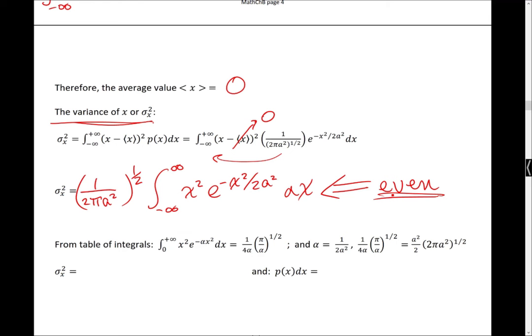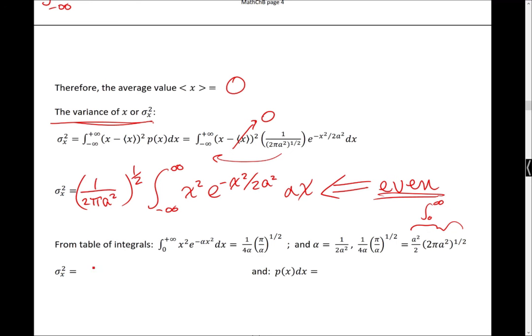If I substitute in for alpha, 1 over 2a squared, that gives me this relationship. Recognize that this integral only refers to 0 to infinity. What I need to keep in mind is that for my variance, I need my constant, and then I need to say 2 times the integral from 0 to infinity. So let me do that.